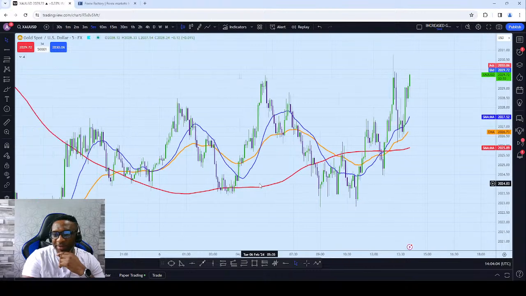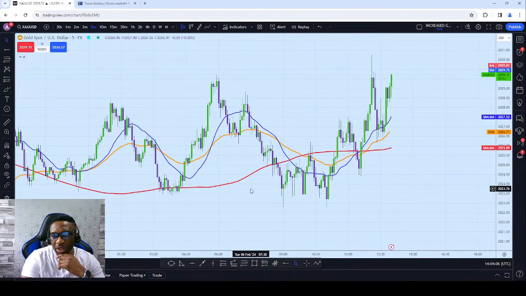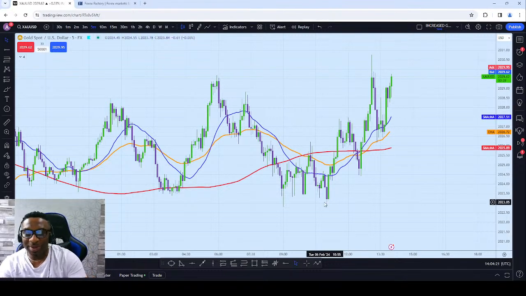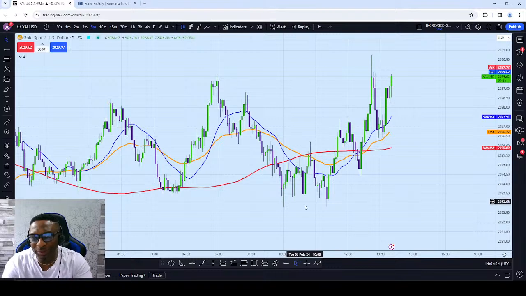You can see a lot of wicks on this pair, on the gold. So trading a pair like this, the probability of you being kicked out using a tight stop is very high.